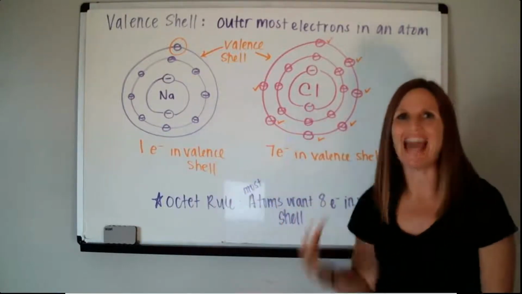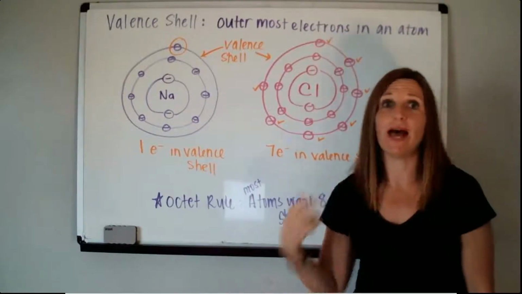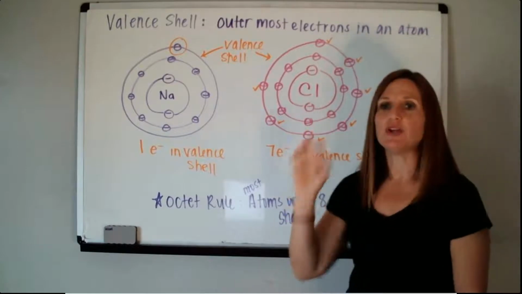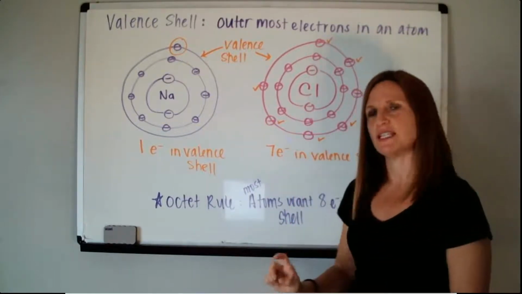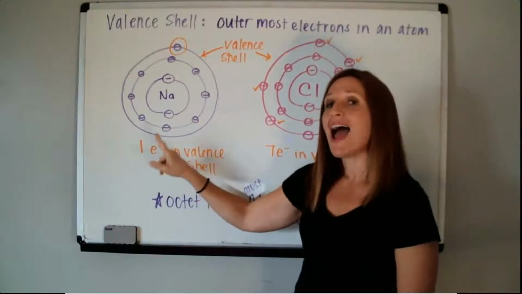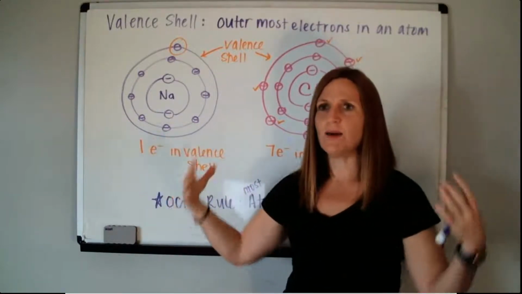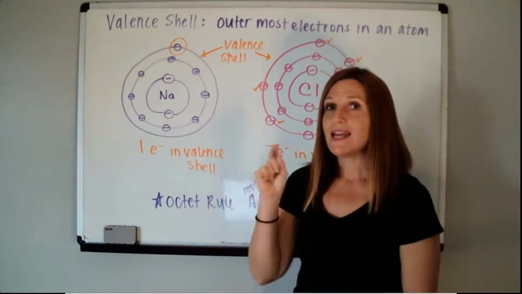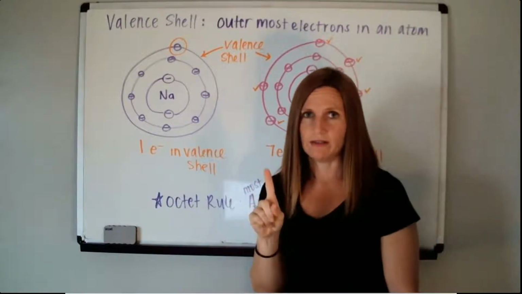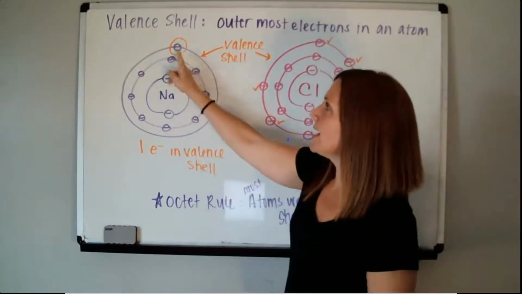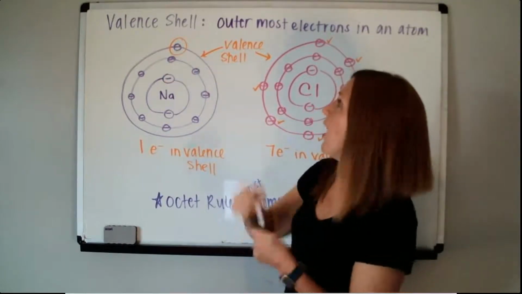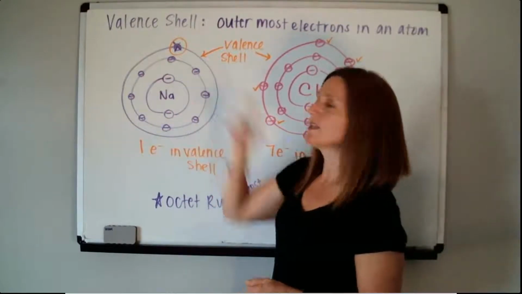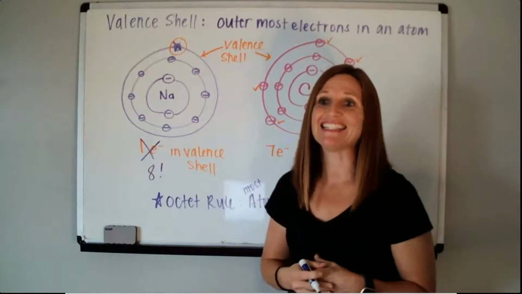But how they're going to get 8 electrons in their valence shell depends on their valence shell. So if we look at sodium, if sodium wants to get 8 electrons in its valence shell, it could either add 7, find, buy, collect 7 electrons, or it could lose 1. Picture that. If I take this 1 electron away, sodium now has 8 electrons in its valence shell, and it is happy.